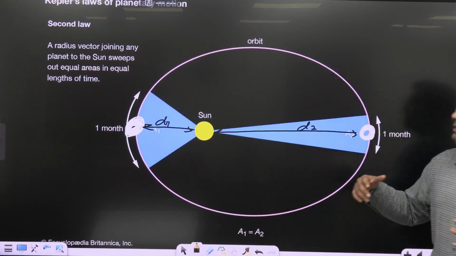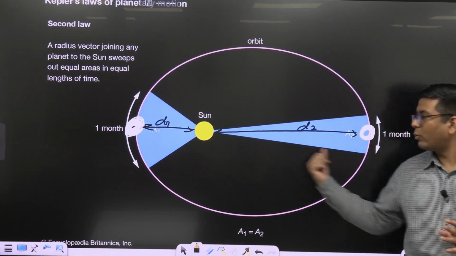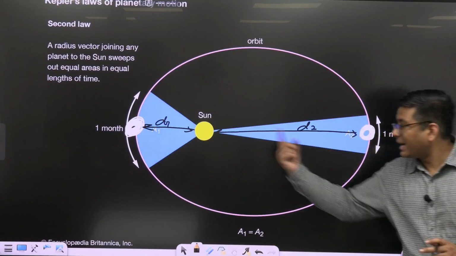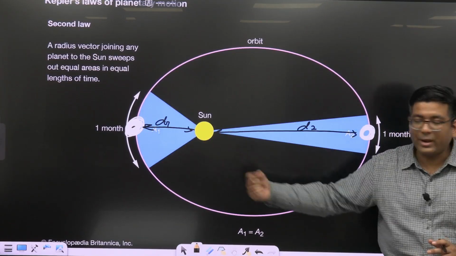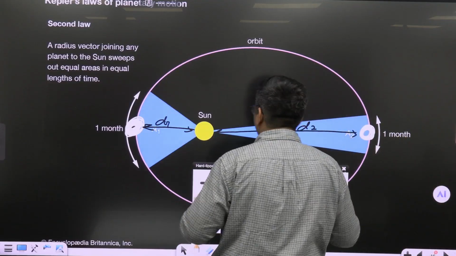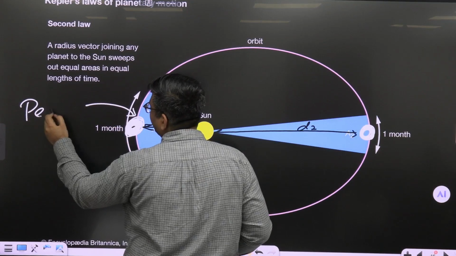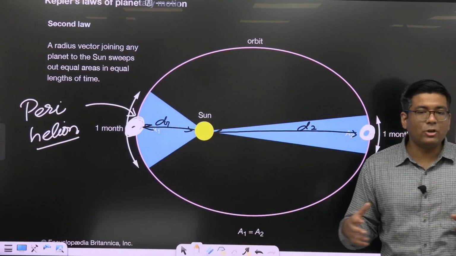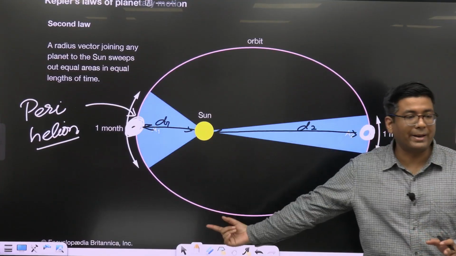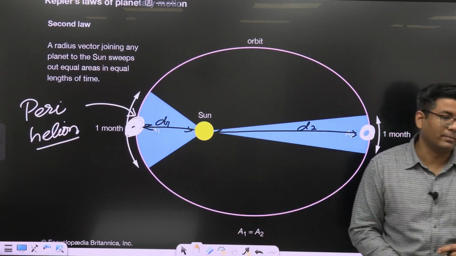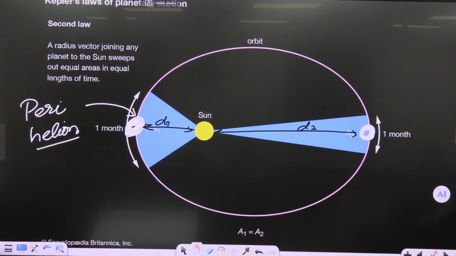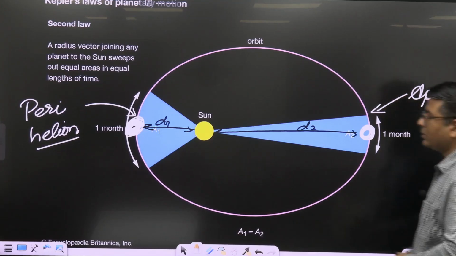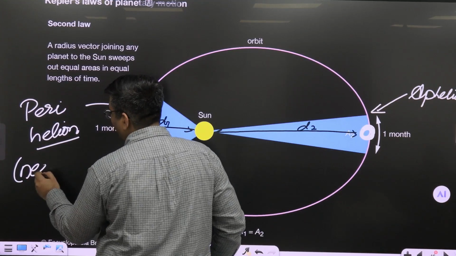Okay, so because of an elliptical orbit, at one point of the figure you have the planet at its furthest point, and at the other point it is at the nearest point. Okay, so this point is known as perihelion. Perihelion is basically the point on the orbit of a planet where it is nearest to the sun. Okay, the furthest one is basically called aphelion. Okay, so this is basically the nearest point.